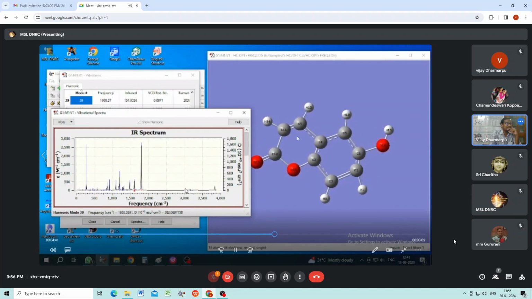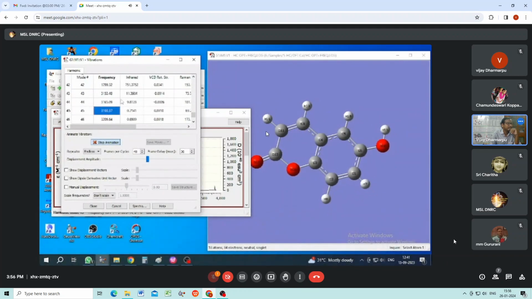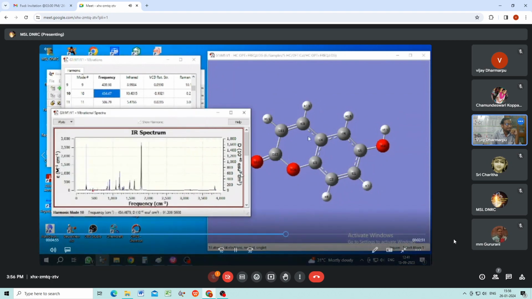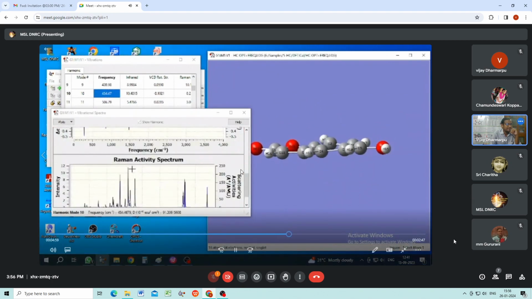When we select any peak, we can see the respective vibration very clearly. Okay, this is the vibration.